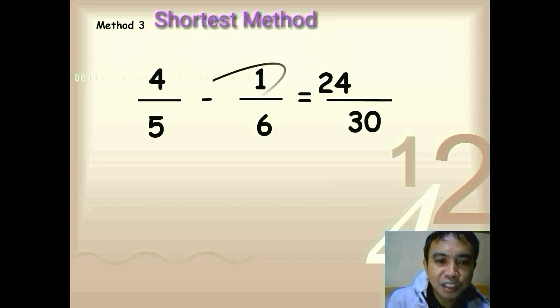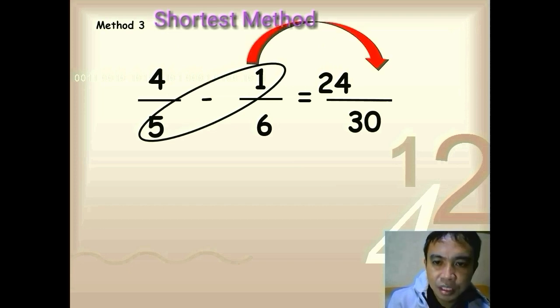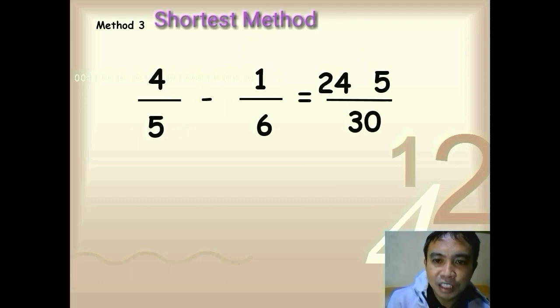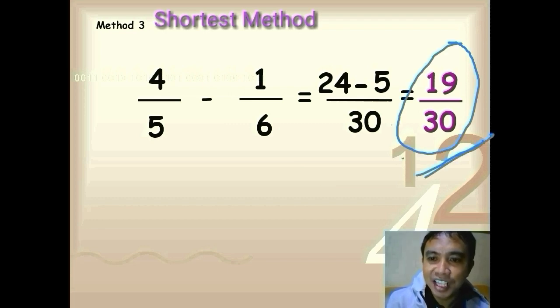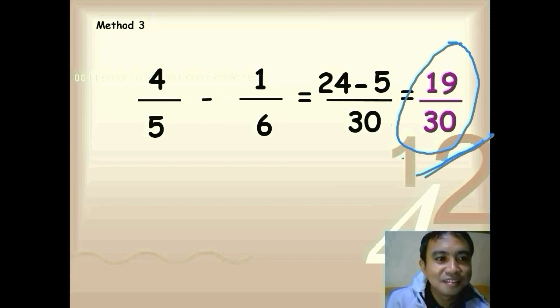Cross multiply the other pair. 5 times 1, so we have 5. Now we can subtract the two numerators. 24 minus 5, so we have 19 over 30. So 19 over 30 is our final answer. So that's it. Very simple.